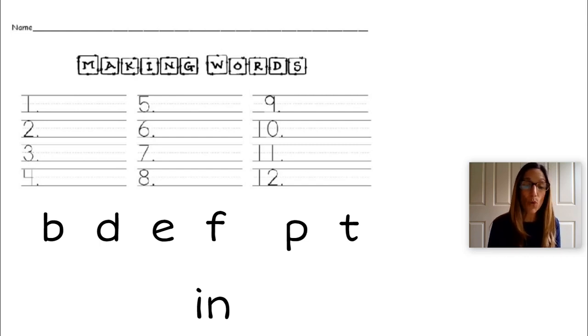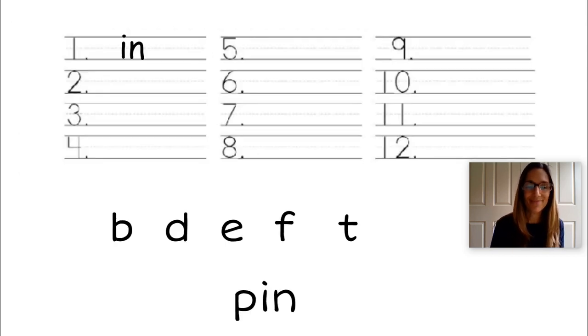Okay, now that we have the word in, let's put a sound in the beginning to make the word pin. What letter would you need in the beginning? That's right. If you put the P in the beginning, you would have P, I, N, pin.